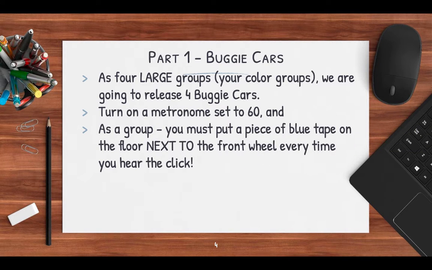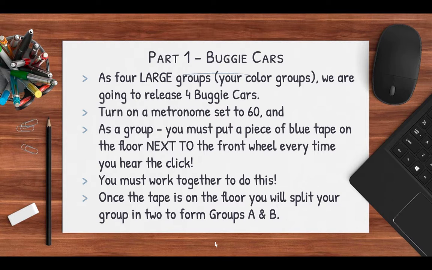As a group, you're going to get a strip of blue painter's tape, and you have to put a piece of tape on the floor next to the front wheel every time you hear the click. So each person is only going to do 1 or 2 clicks, but you have to work together to make this happen. Because if you mess it up, you have to start all over.